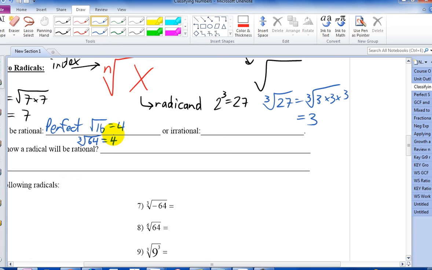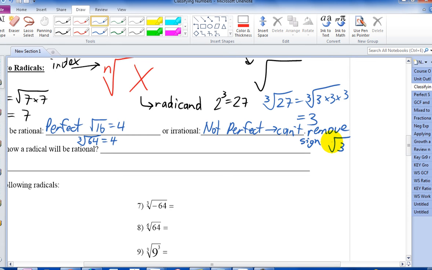Okay. Now irrational, that means it's not a perfect square. Okay, so it's not perfect. So you can't remove the sign. So it stays as like square root something, square root 3.